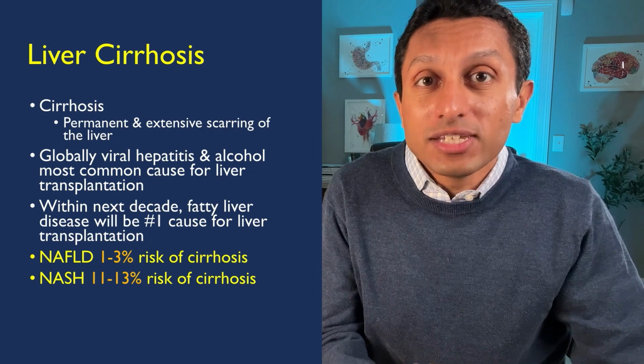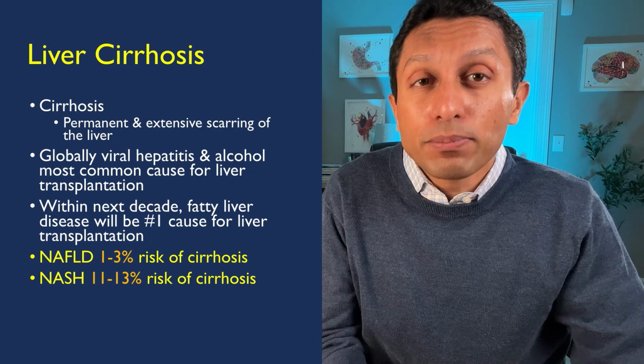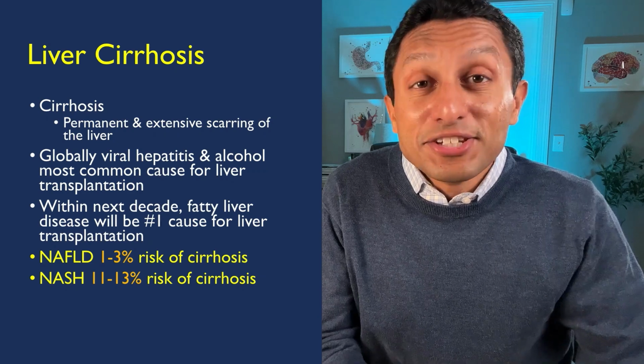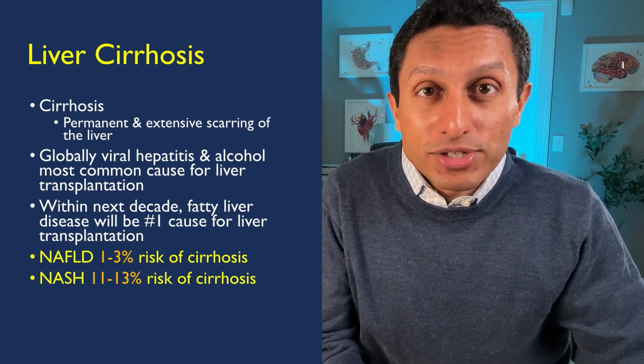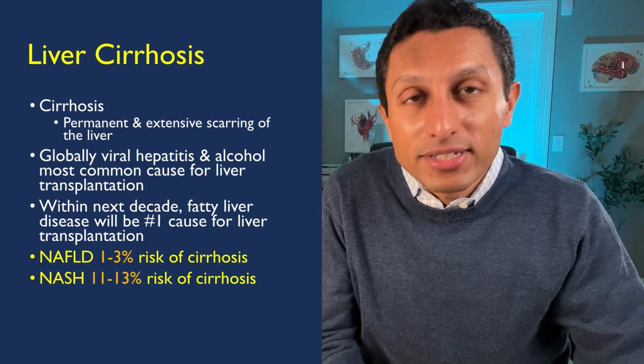NAFLD can worsen to NASH, so it's important to make changes in your lifestyle to prevent progression of fatty liver disease. Despite the different risks of cirrhosis, cardiovascular disease still is elevated in both conditions. As a result of the significant consequences of this disease, it is important to identify it early.